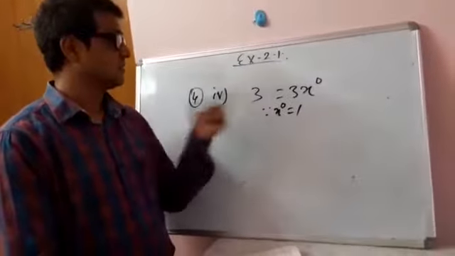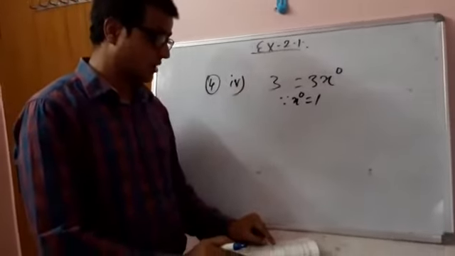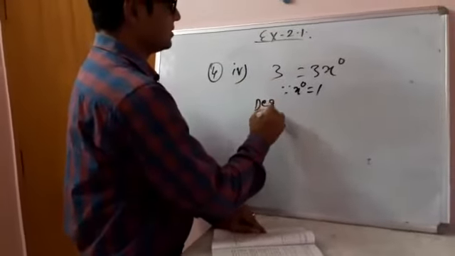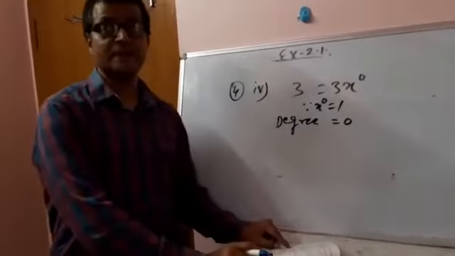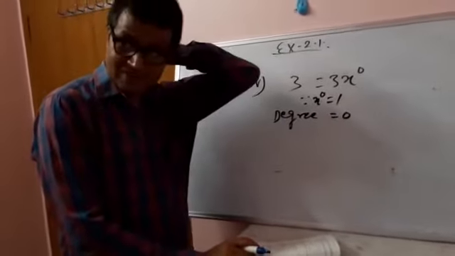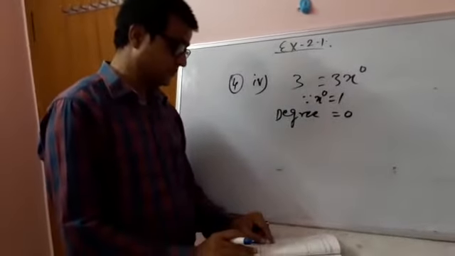So 3x to the power 0 gives 3. So this is a polynomial, and the degree in this case is 0. You must understand that all constant numbers are called constant polynomials.